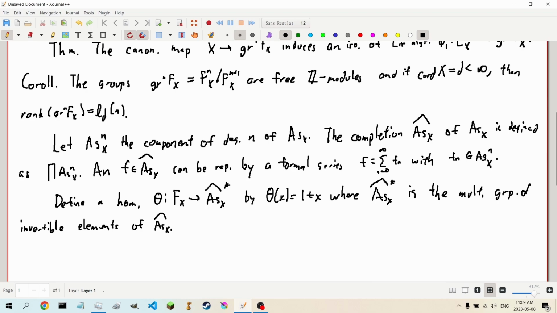And obviously 1 plus x is going to be invertible by the typical 1 minus x plus x squared minus, and so on.